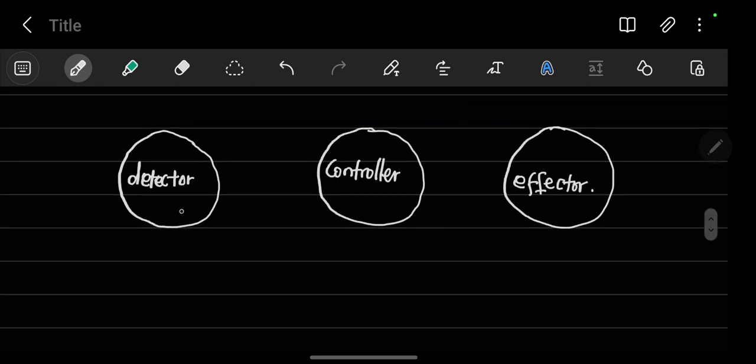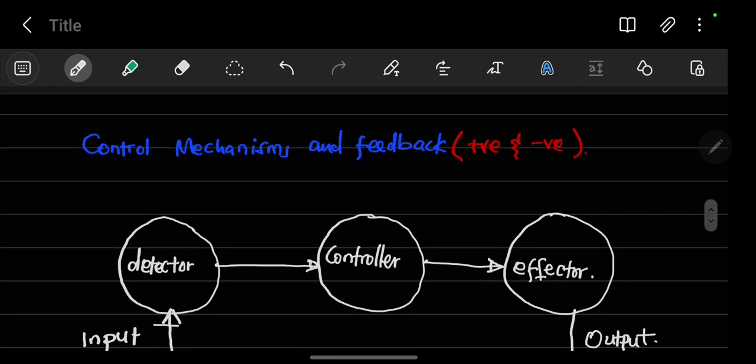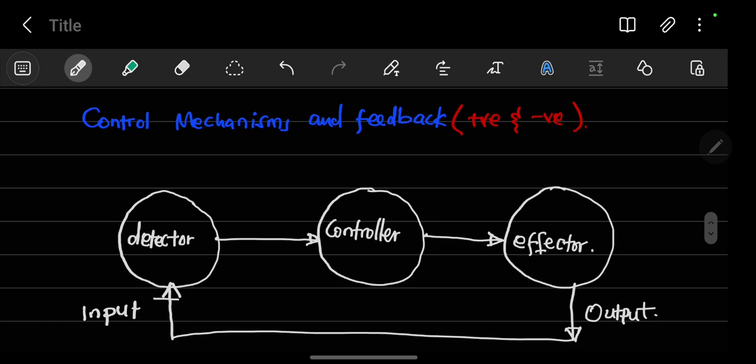So, under this, maybe we do this. We have input and output. What am I trying to illustrate? This is the arrangement of all systems we are going to talk about. They have similar arrangement of organs.